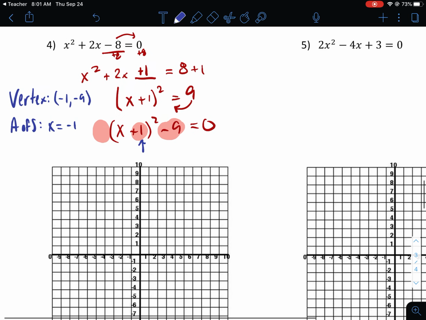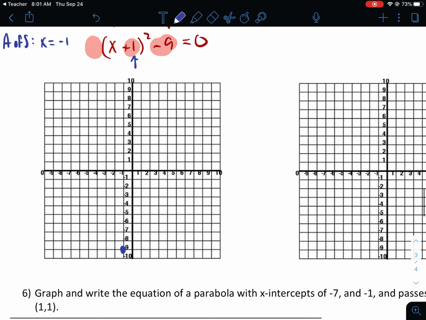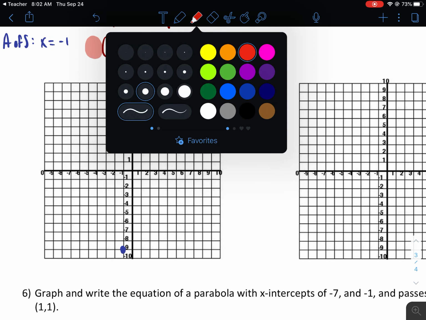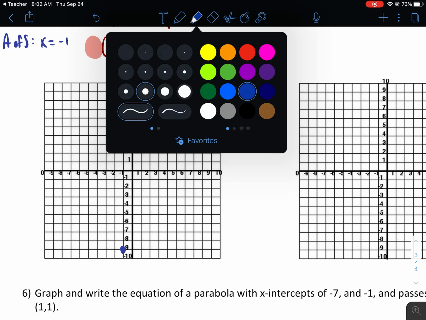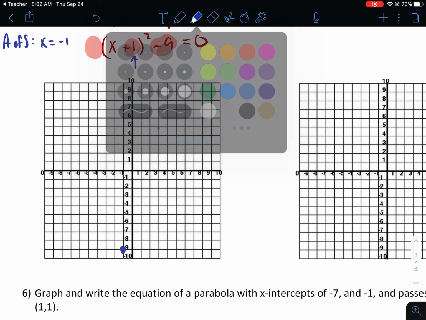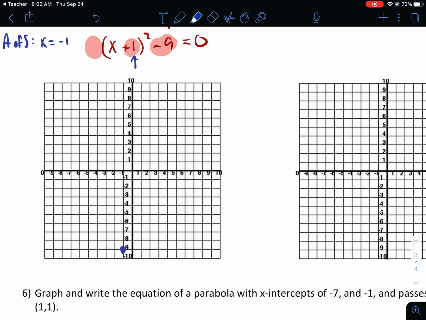A couple other things to note here. We have our axis of symmetry. I'm going to use a highlighter just because it's easier to see, and I'm going to shrink it so it's not so big. So our axis of symmetry runs perpendicular, or up and down. There's our axis of symmetry.